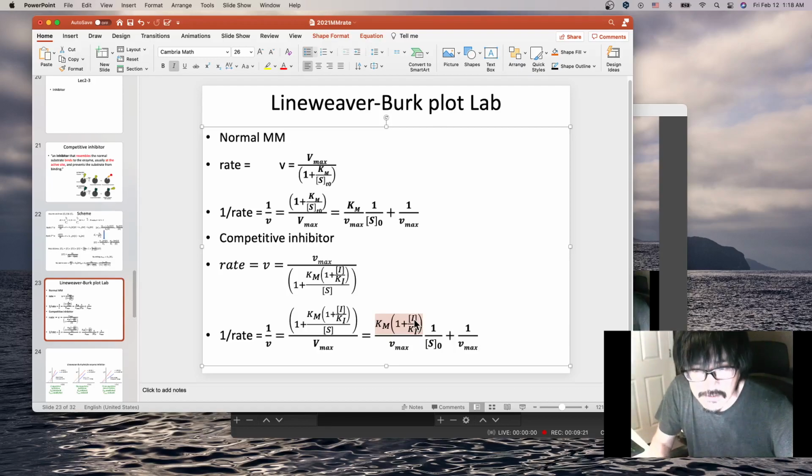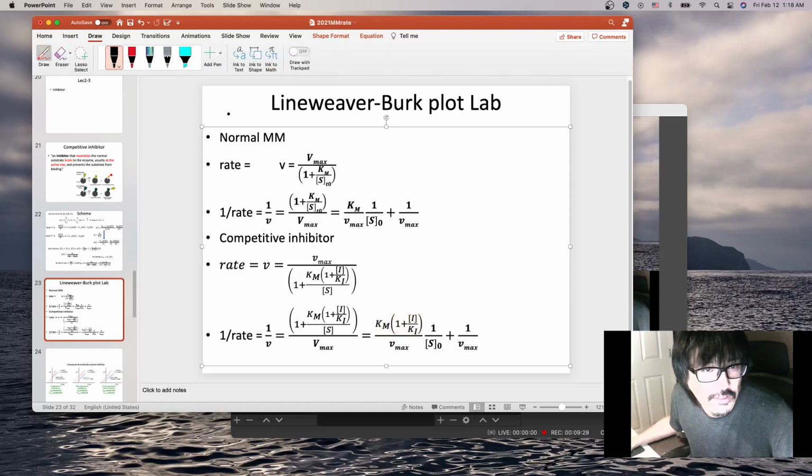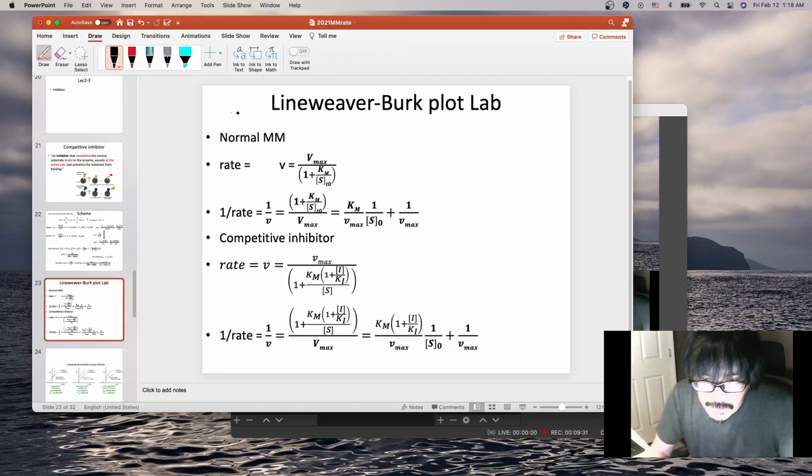And let's just try to see what the Km is going to be. By definition, if I follow what I was talking about previously, 1 over Km is equal to 1 over S where the y value is equal to 0, right? So I'm going to set this value to 0.